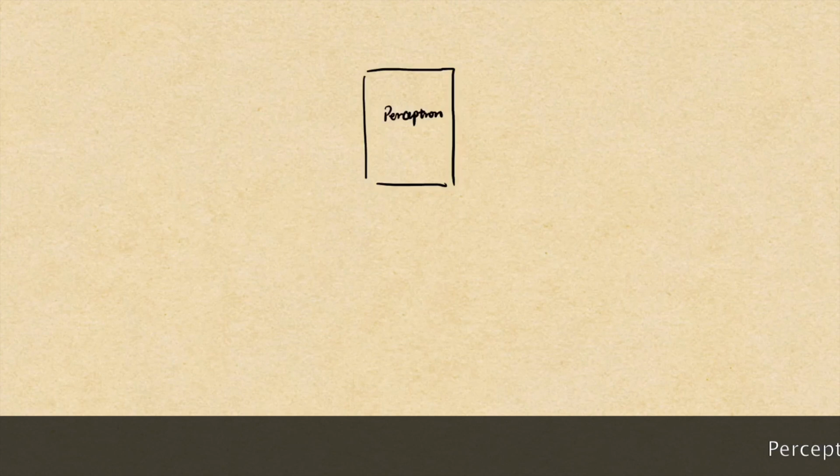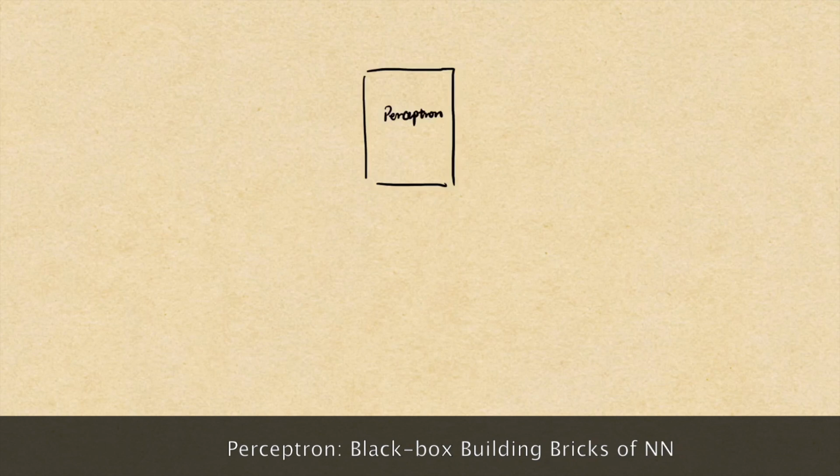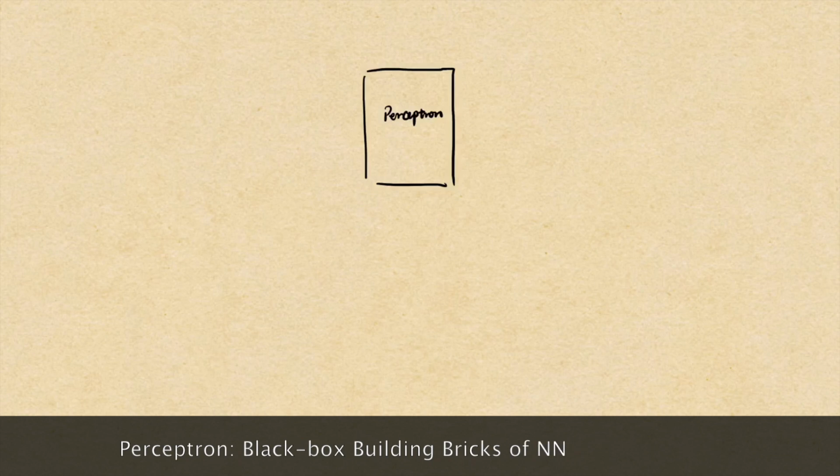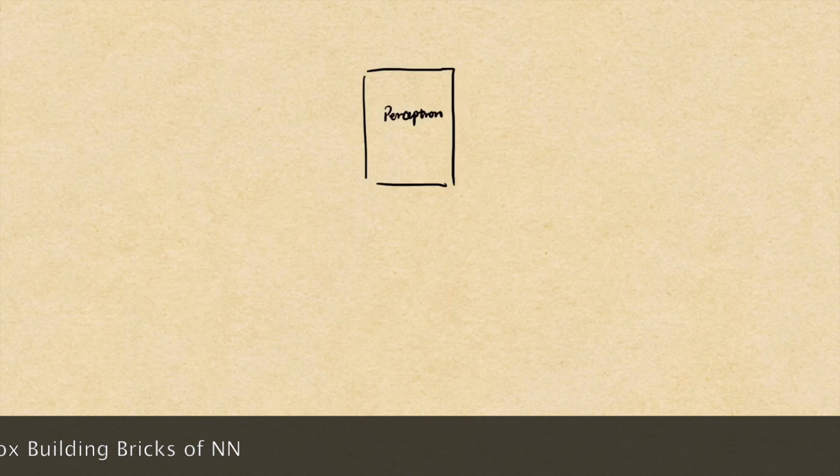The building block of a neural network is the perceptron. Actually, neural networks have another name, multi-layer perceptrons, which I find is not 100% accurate, but at least it provides us a very intuitive understanding of how a neural network works.